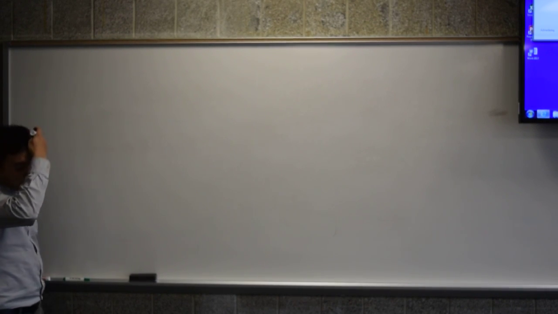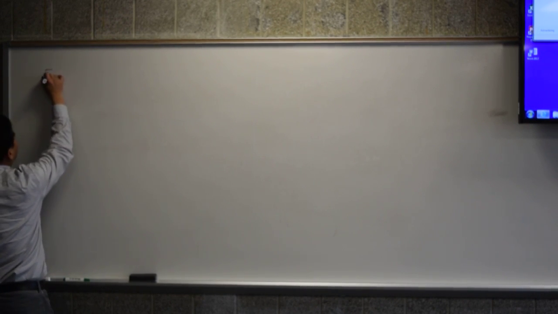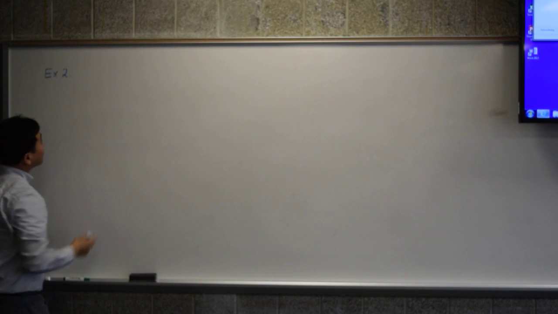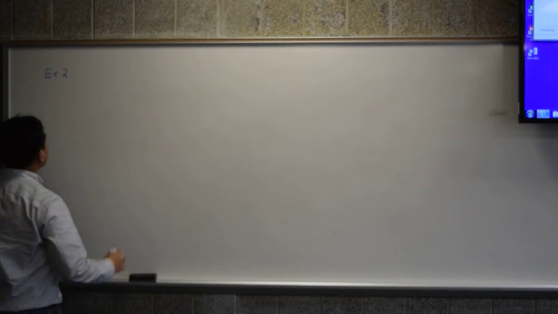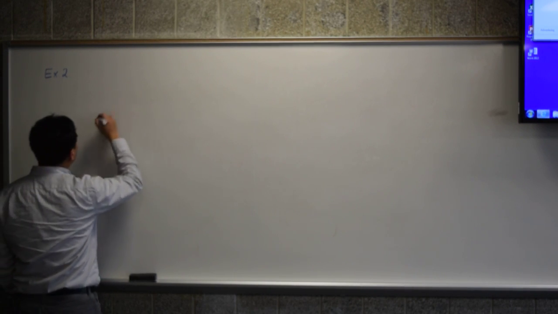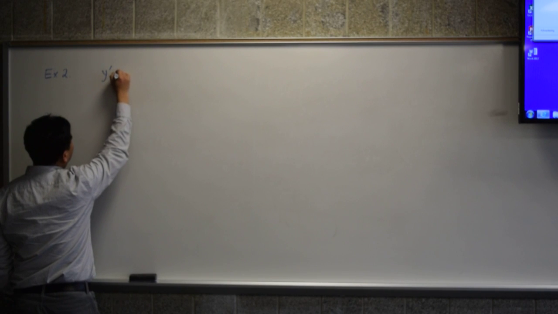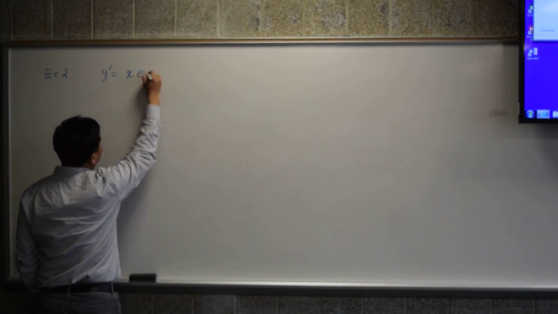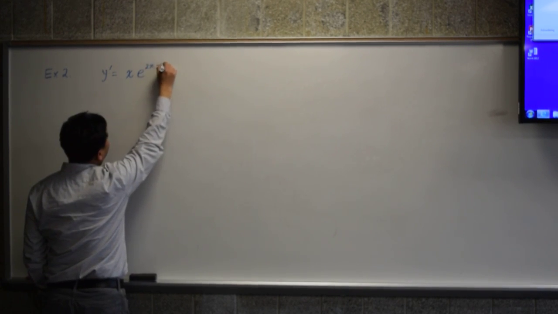Okay, let's do some examples of separable equation. Suppose you have y prime equals x times e to the 2x minus y.